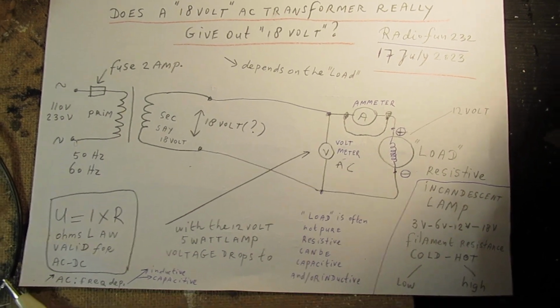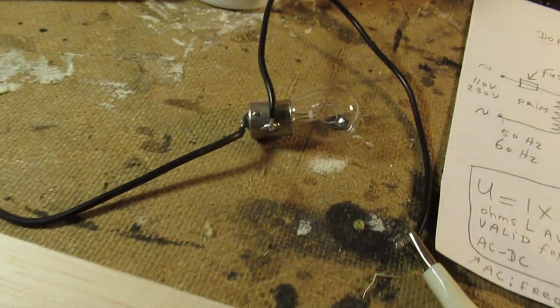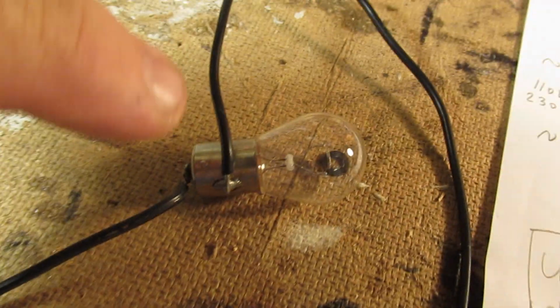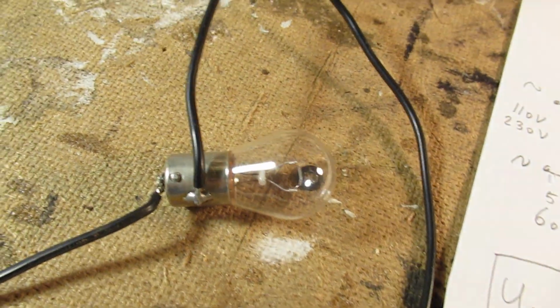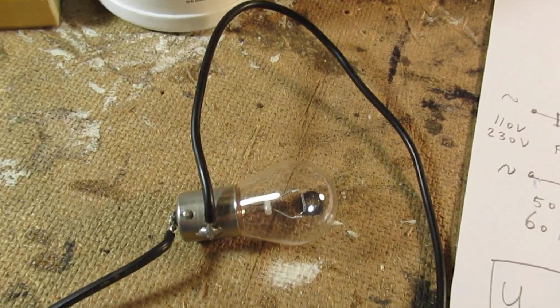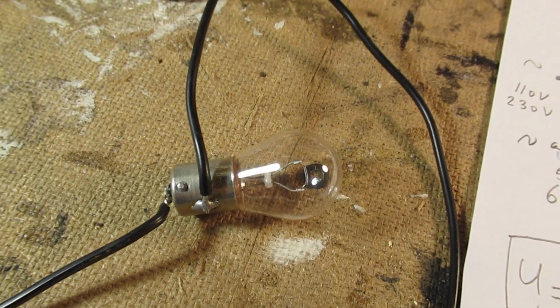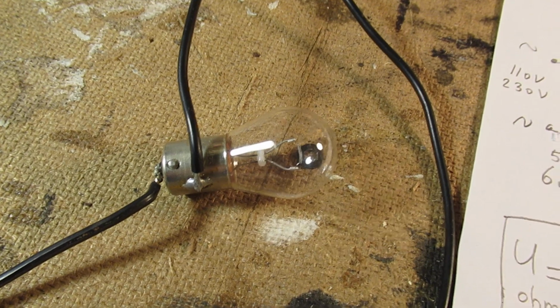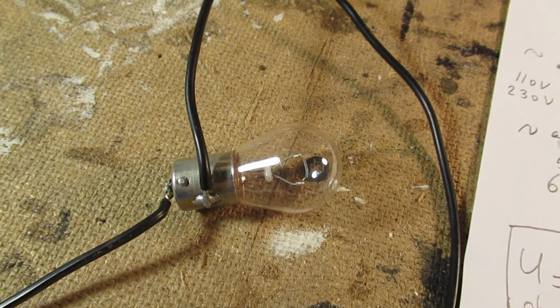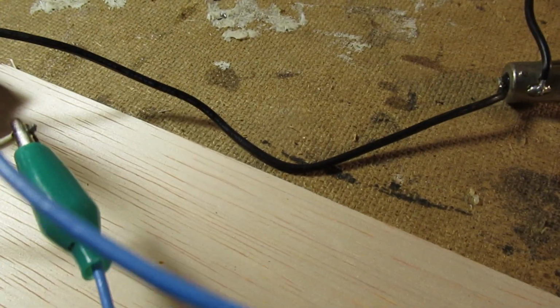So let's see what happens when we connect a load. I've used a purely resistive load, an automotive lamp. Let's connect that purely to the AC output, not via a rectifier, so between these two contacts.